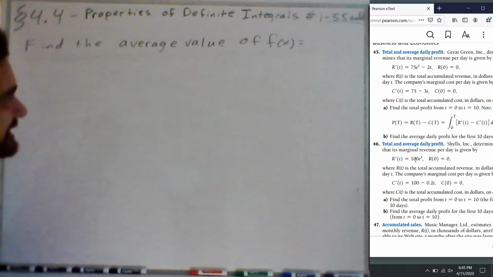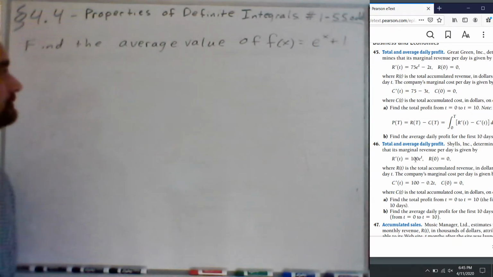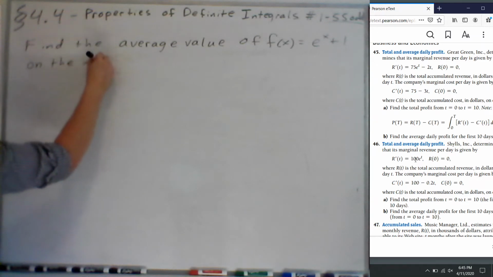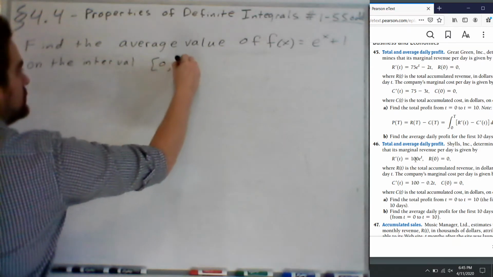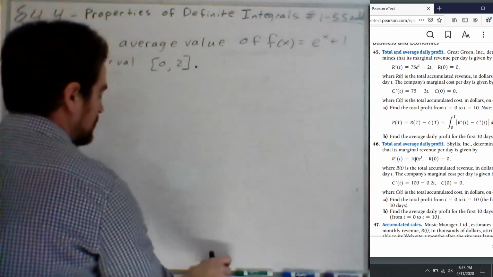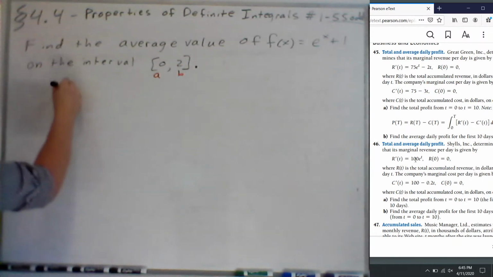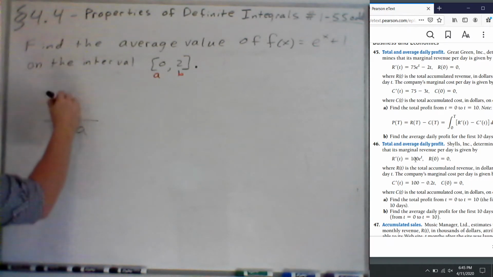How about e to the x plus 1 on the interval 0 to 2. So for our average value, we go from a to b, but we need to do this subtraction, 1 over b minus a. Here, let me write this out first.